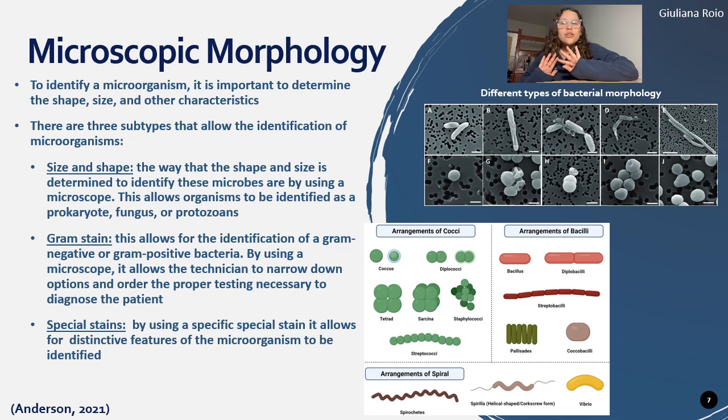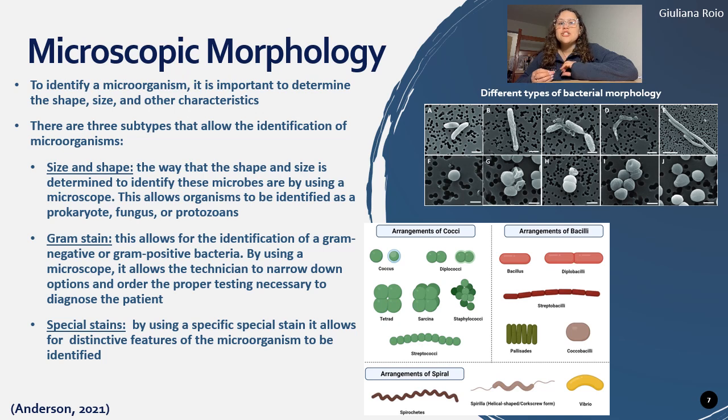There are three subtypes that I'm going to be going through that allow us to properly identify and organize these microorganisms into categories. These allow us to identify them by using different tools, which I'll talk about in the following notes.